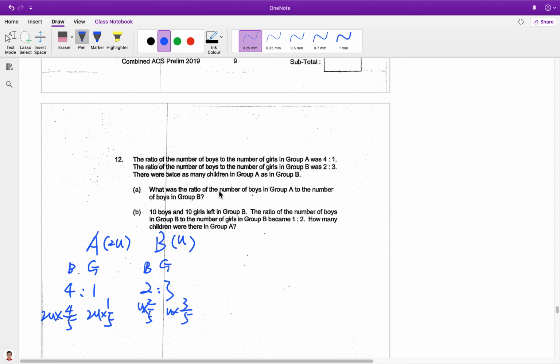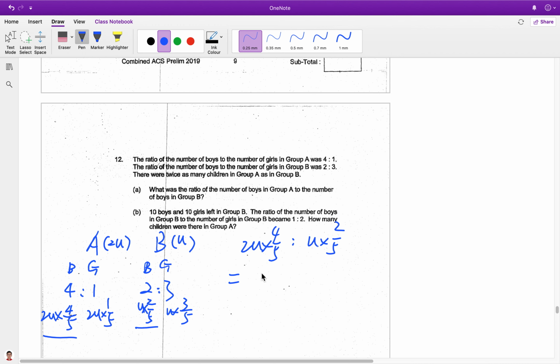So here, what was the ratio of the number of boys in group A to the number of boys in group B? Well, this one, ratio 2u times 4/5 over u times 2/5, right? We can use division or fractions.